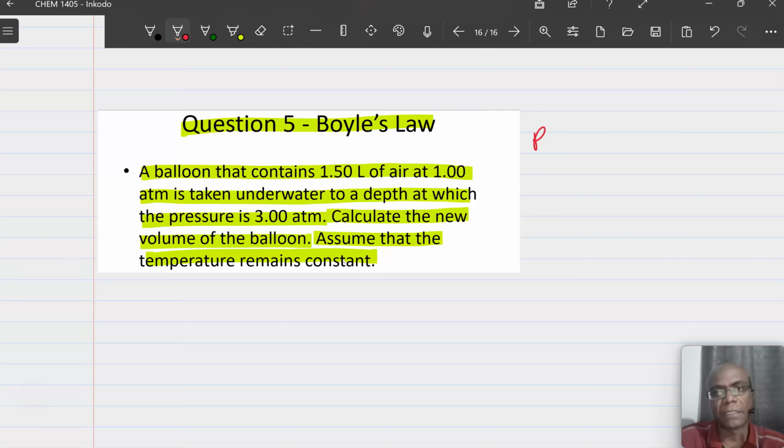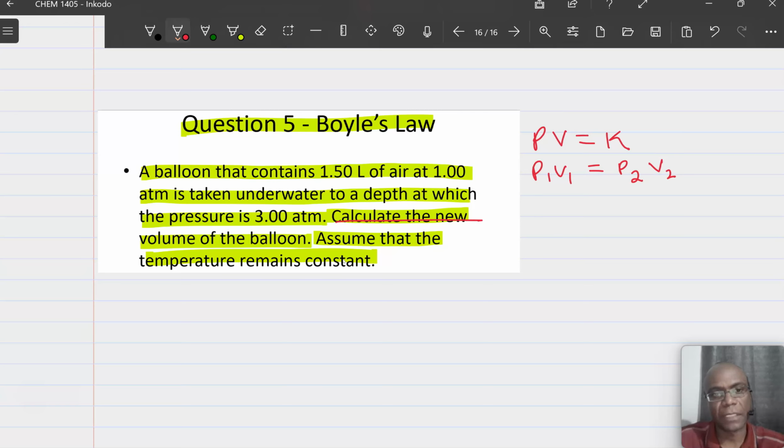Again, I'll remind myself of Boyle's law: PV equals a constant, at constant amount of gas and constant temperature. So initial pressure times volume equals final pressure multiplied by final volume.